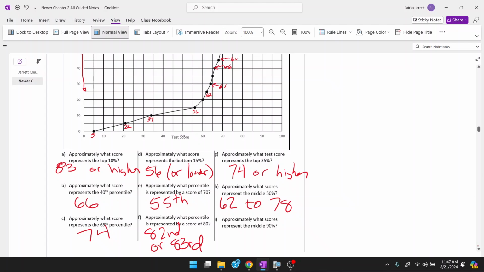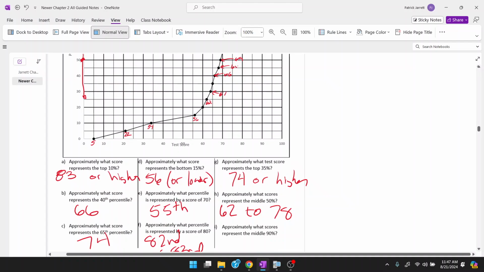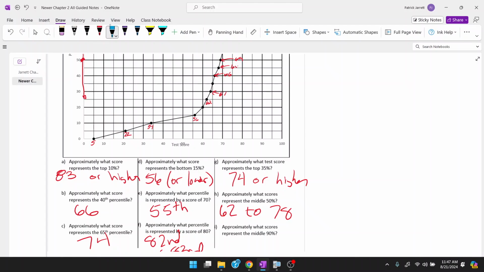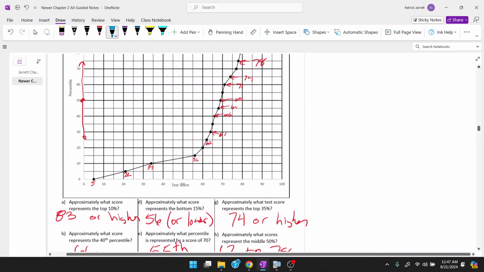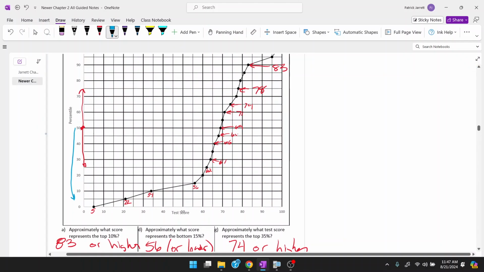All right, last thing I want to do here: approximately what scores represent your middle 90%? Well, here's a good question. Half of 90 is what? So we're going to go 45% below and then 45% above.